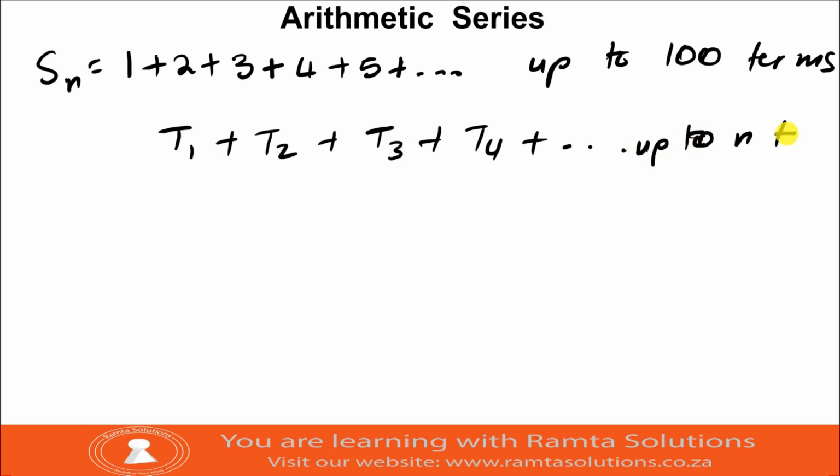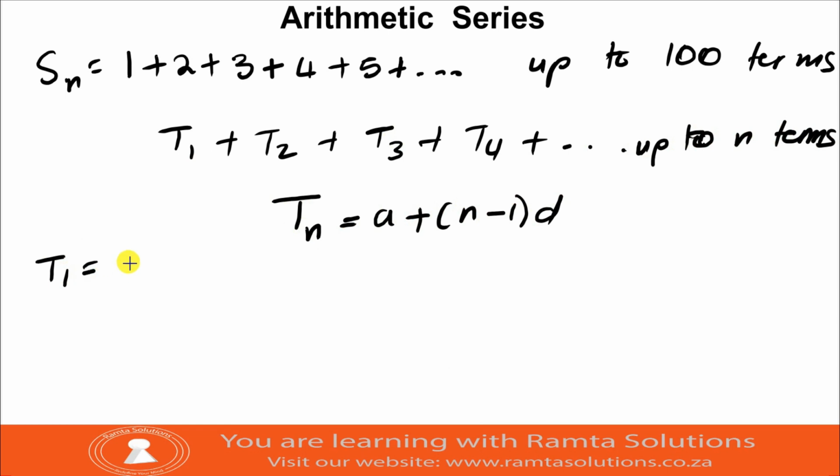What we know is that the general formula for arithmetic sequences is Tn equals a plus n minus 1 times d. So term 1 would be a plus 1 minus 1 times d, which is a.